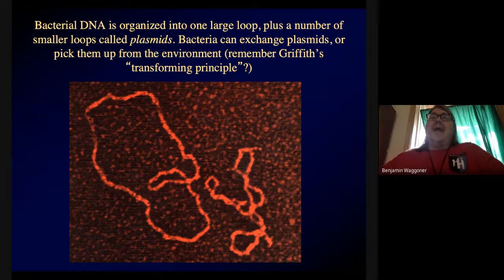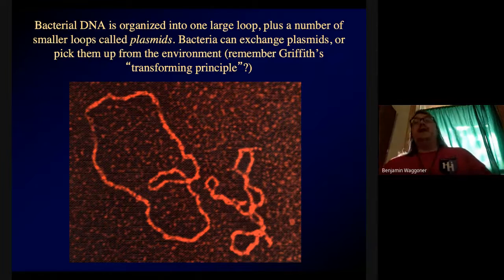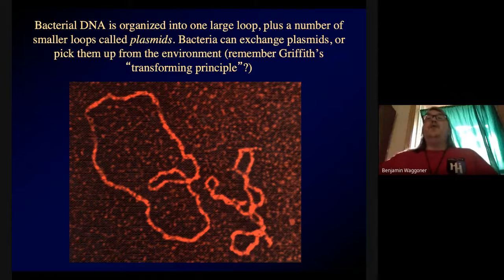Prokaryotes, bacteria and archaea, have DNA that's organized into one large loop, plus a number of smaller loops. This is an electron micrograph of some of these small loops of DNA. You're actually seeing individual DNA molecules here, and those loops are called plasmids.